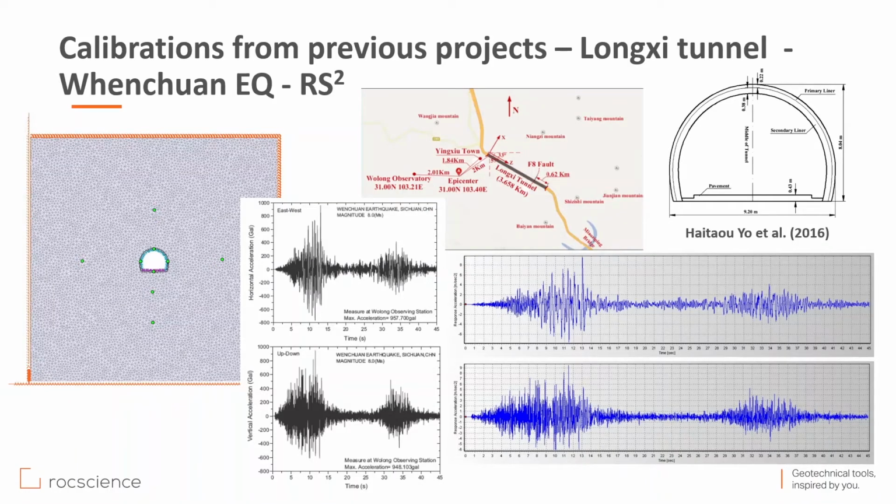One was horizontal motion only, in the x direction. In this case, the x direction is here and the z direction is here. At the Wolong Observatory we had a north-south direction and an east-west direction, and of course an up-down direction seismograms. This is important if we put the whole system in space.